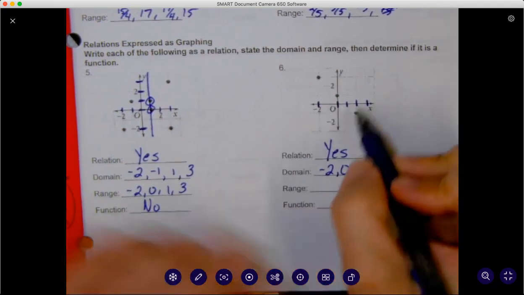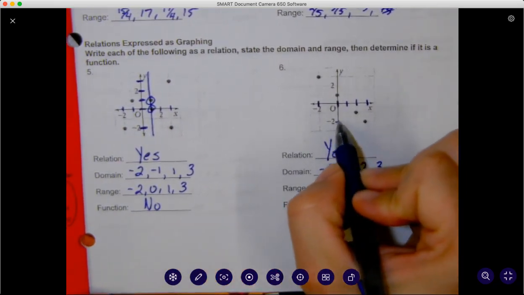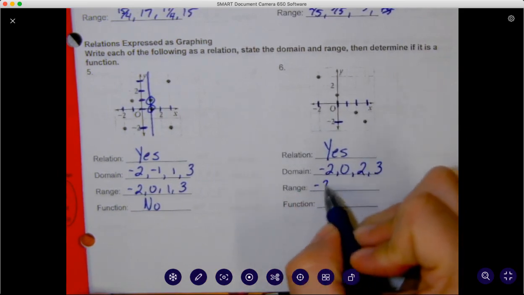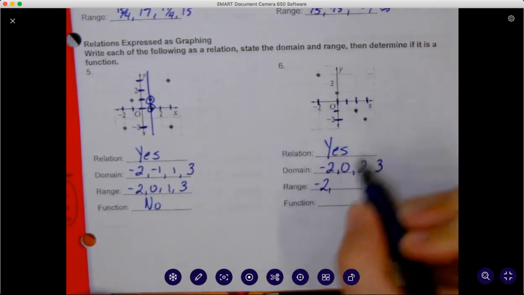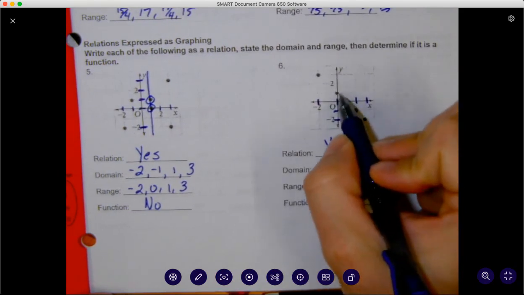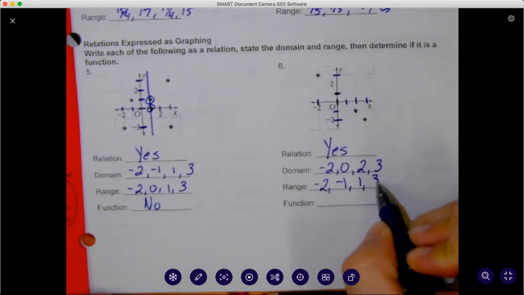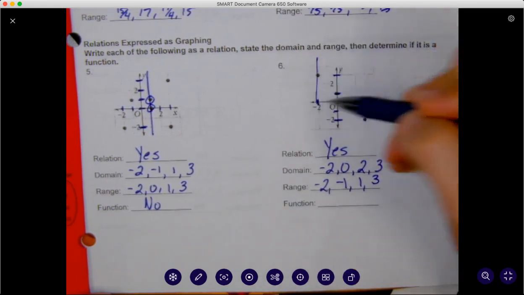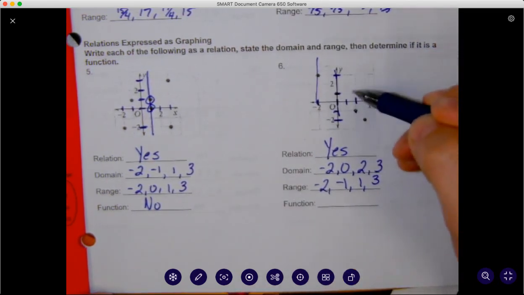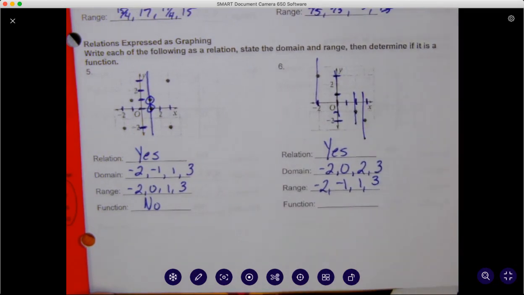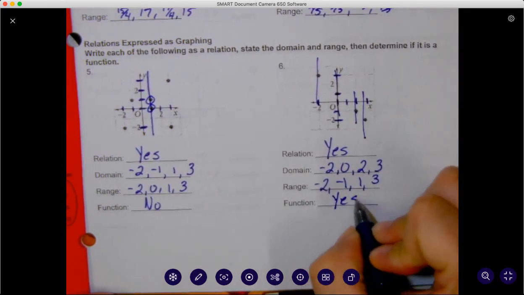The range, list of y values. Negative 2. We got a point at negative 1, positive 1, and 3. So is it a function? If we do the vertical line test, it only goes through the points one time.